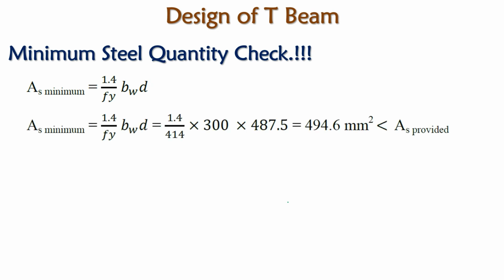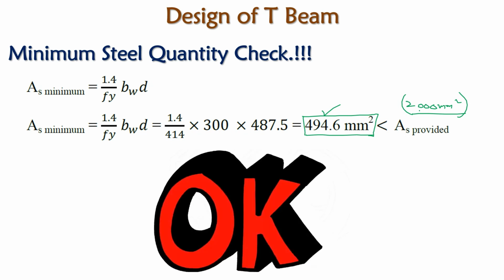The minimum value of steel is 494.6, and we have provided 2000 millimeter square. It means that we are on the safer side. We have provided steel greater than the minimum amount of steel. So this check is okay.